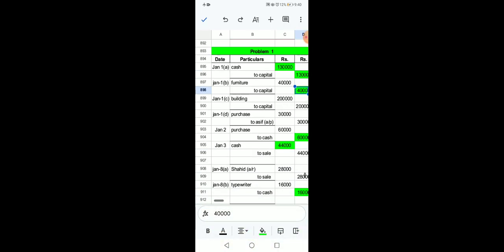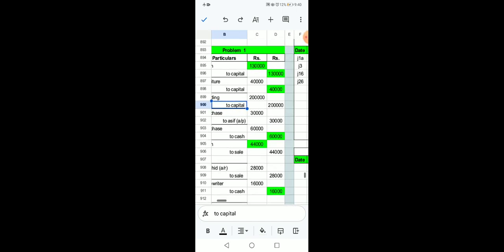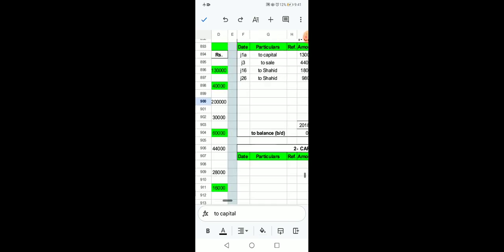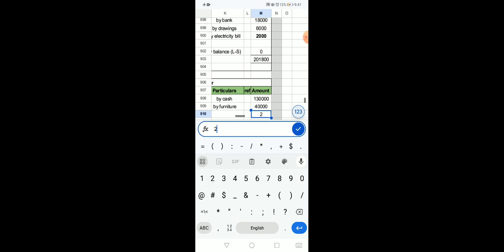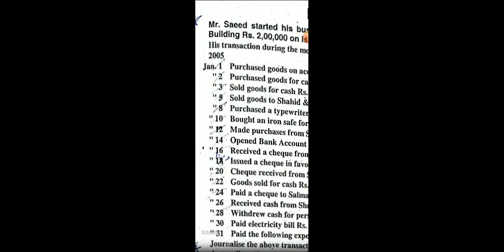Next entry, January 1C. Capital is still present, with 2 lakh rupees in this entry. So you will go to the credit side of your ledger and put 2 lakh over here. I'm doubtful about this 2 lakh. Let's see if we have our entry. Building, yes, building is 2 lakh.